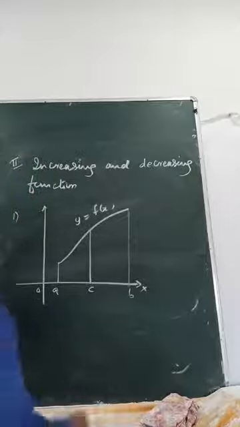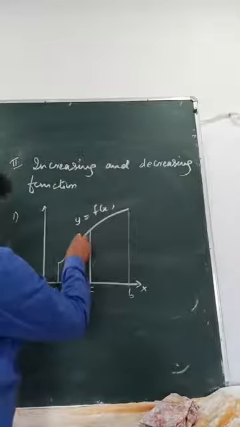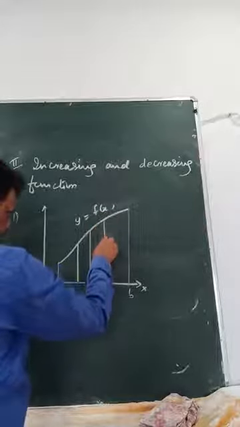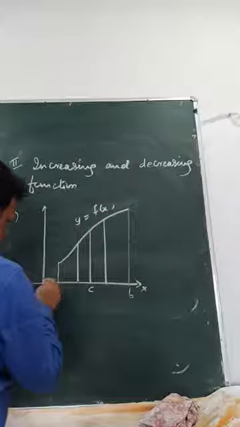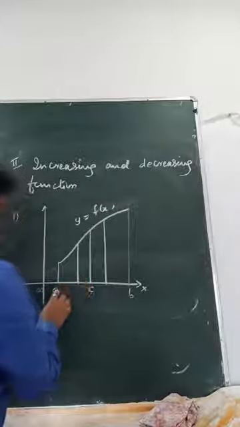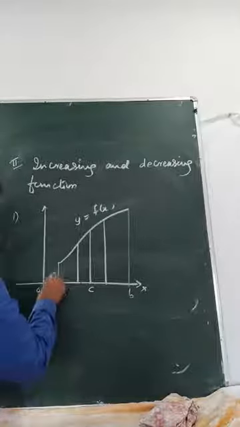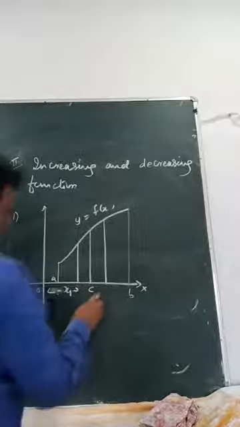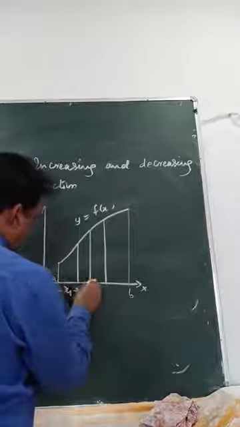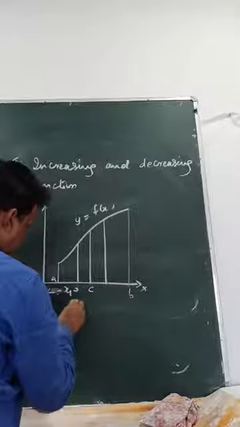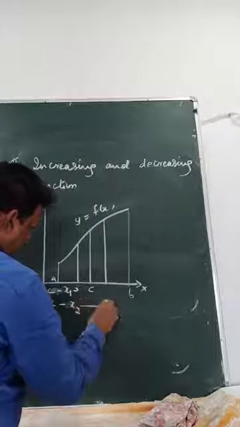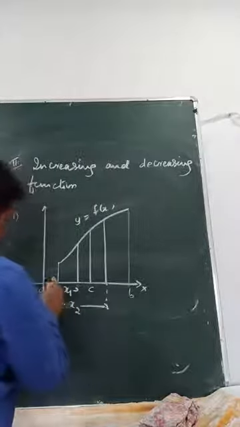Let me take 2 neighboring points here. This is suppose your x1. And here to here, this is x2. Means up to this.